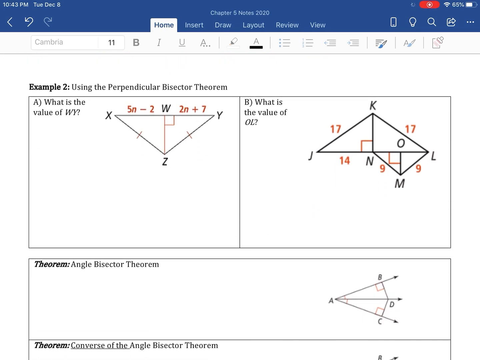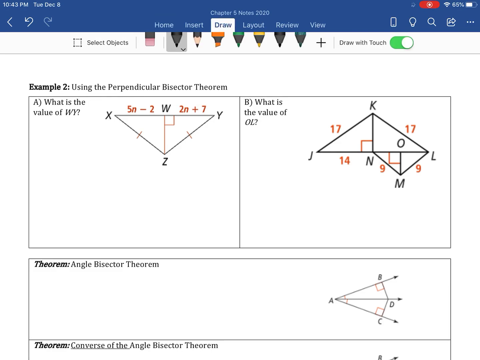All right, so now we're going to use this perpendicular bisector theorem in something where you might most commonly do this. It says, what is the value of WY? Again, we've been working on not just solving for the variable and calling it a day, but I've got to think about this. It looks like I have two distances, ZX and ZY, and since it starts with that, I can tell by the converse of the perpendicular bisector theorem that 5n minus 2 is the same thing as 2n plus 7.